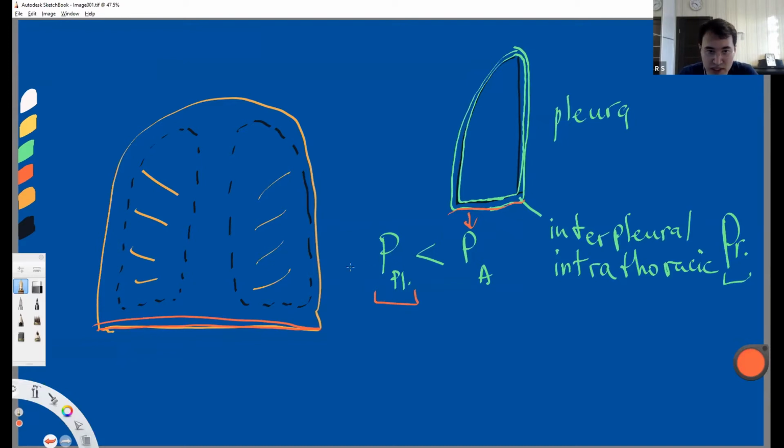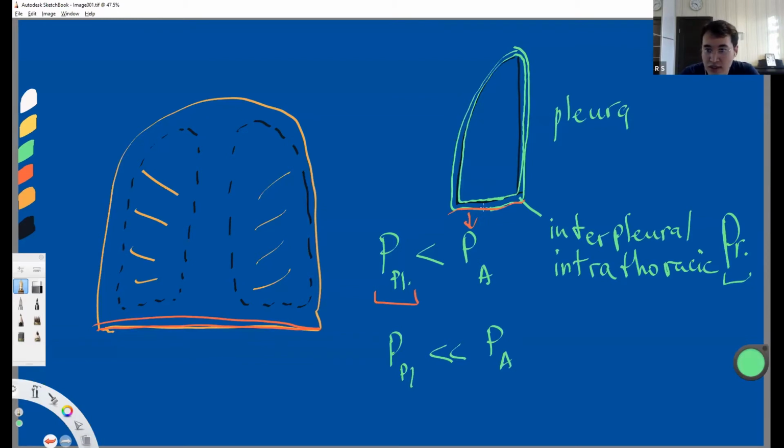So in this case, it becomes much lower than the atmospheric one. Whenever we have very low pressure inside something, everything else tries to get inside.